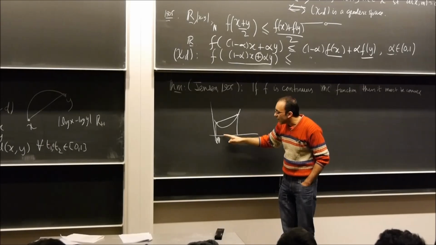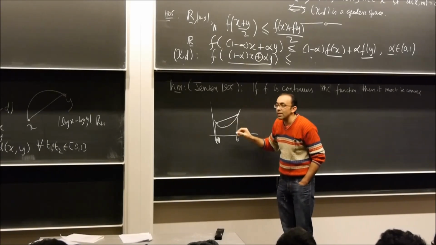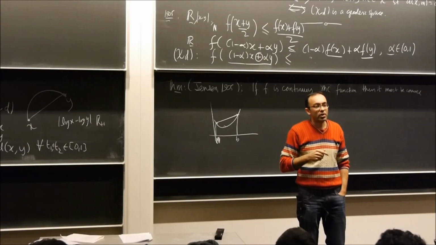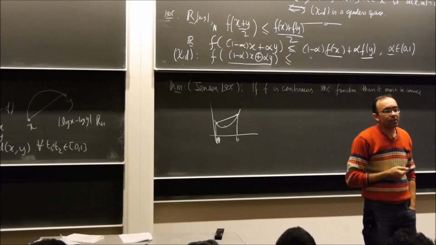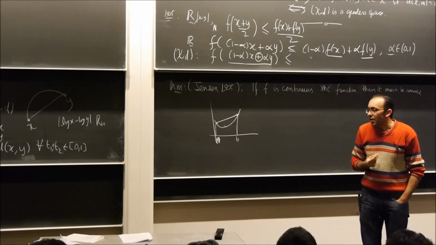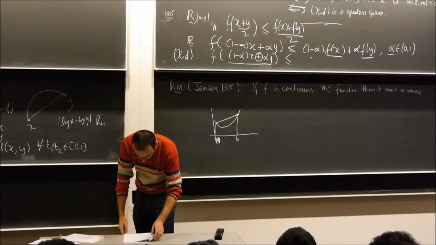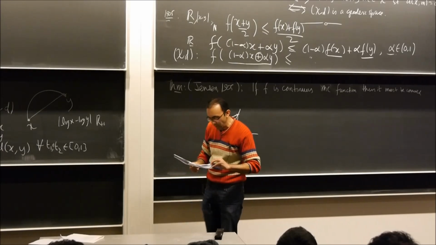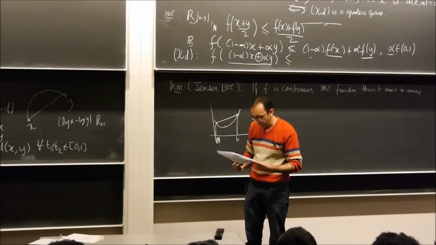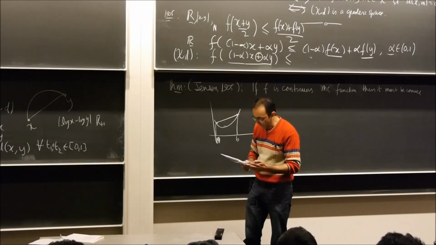Then certainly there must be some small interval where it has a little bump in the wrong direction, and then from that we try to arrive at a contradiction. So I'm going to write down what I think is the shortest, at least the cleanest proof of this. It's not my proof, because my proof by contradiction looked somewhat ugly.